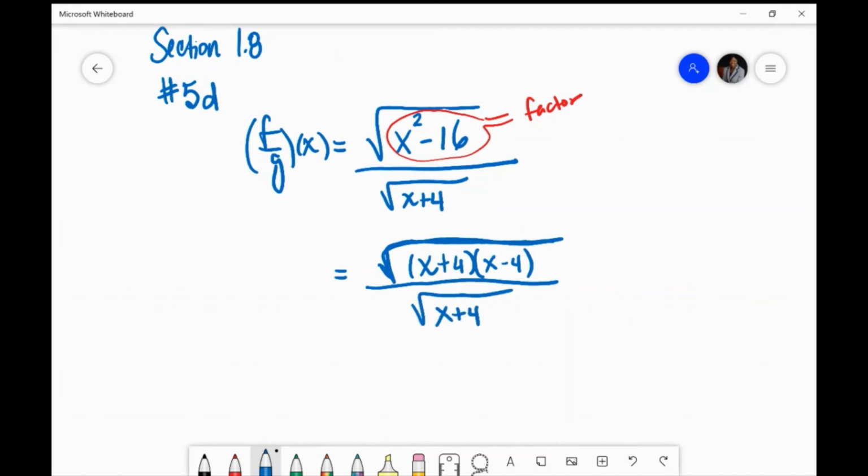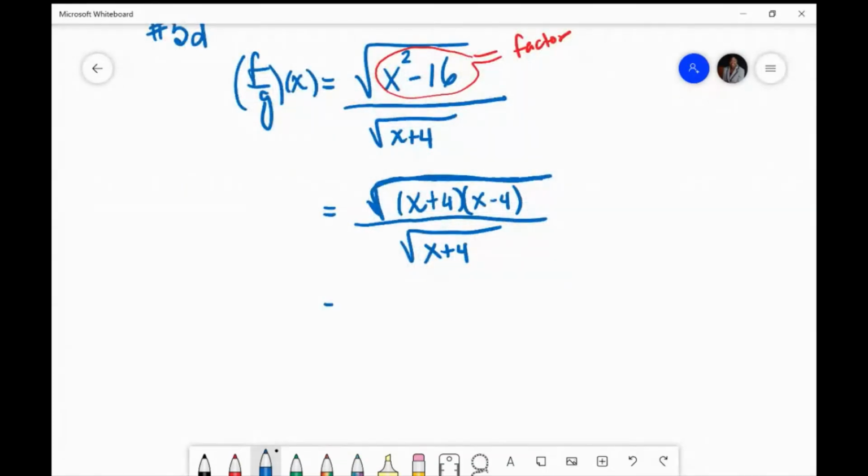Now there's a rule in algebra that says you can split up if you have something times something. For example, 4. That's the same thing as 2 times 2, right? Yes, ma'am. You can even split that up more. You can break it down as square root of 2 times square root of 2.